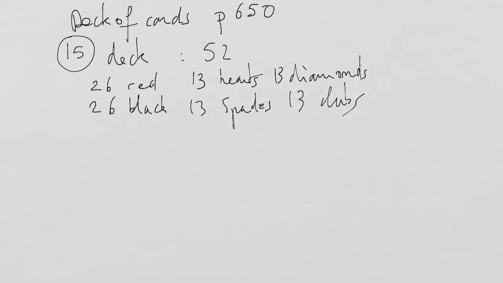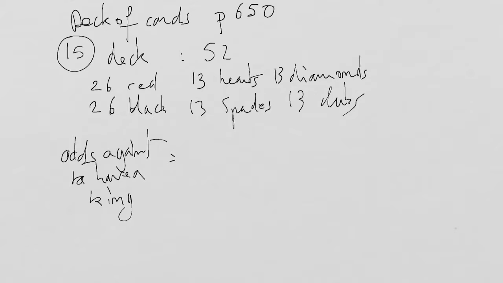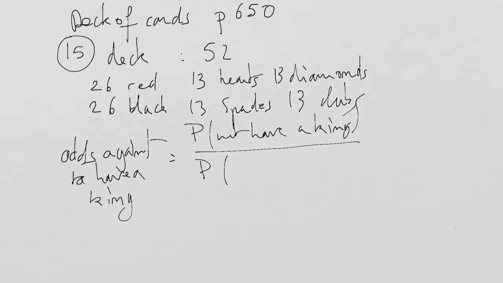Okay, so determine the odds against to have a king. If I want to define the odds against to have a king, what I want to do is define the probability of not having a king divided by the probability to have a king.